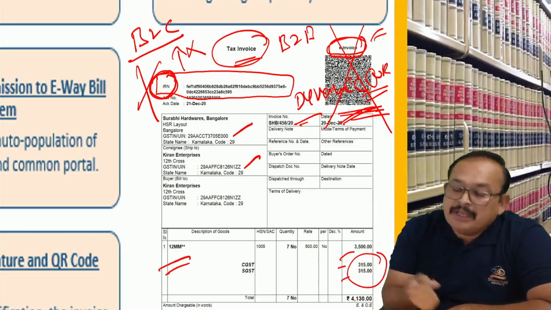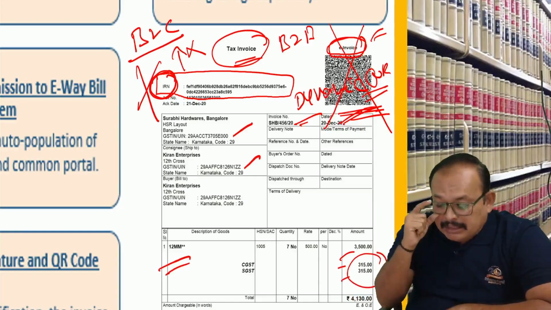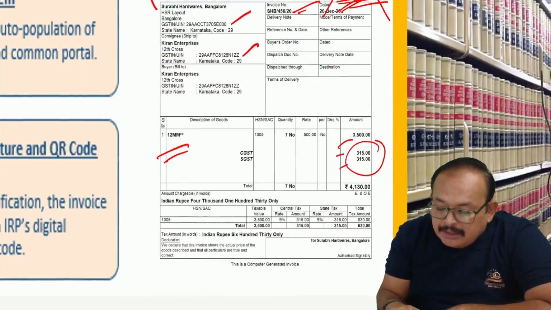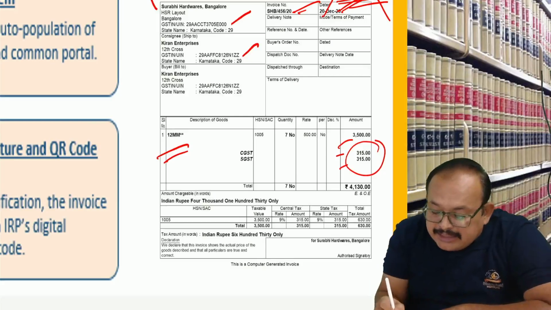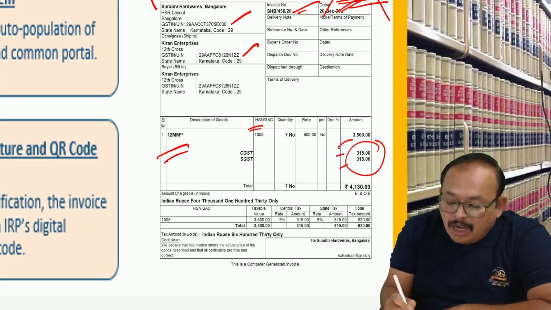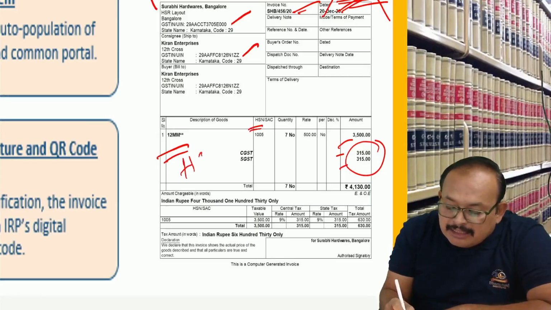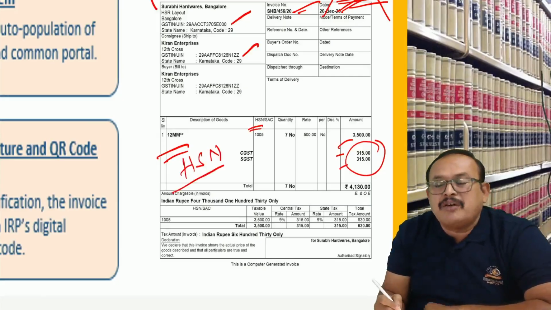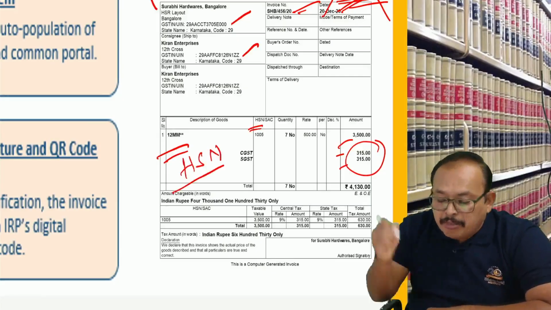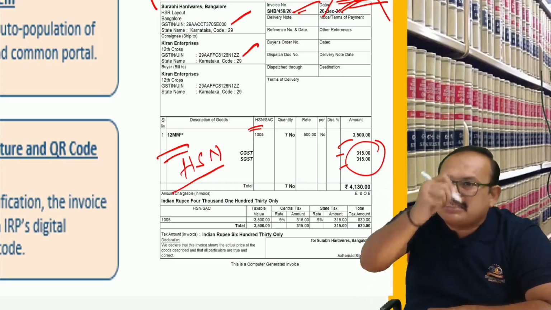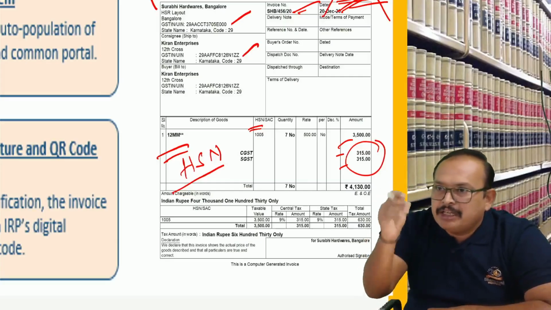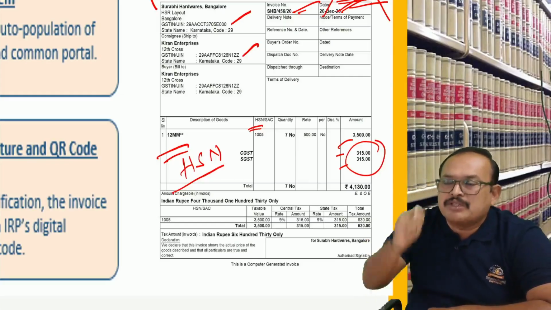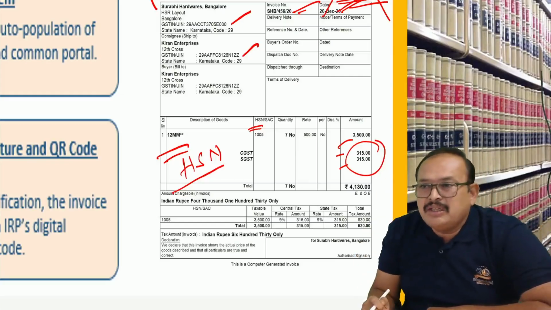Got the clarity? Now, in the given case, if you refer to the invoice here, one important point is HSN. Look at HSN, what does it mean? HSN, Harmonized System of Nomenclature, where a minimum of 6 digits of HSN should be mentioned in case of supply of goods by a person whose aggregate turnover exceeded 5 crore.